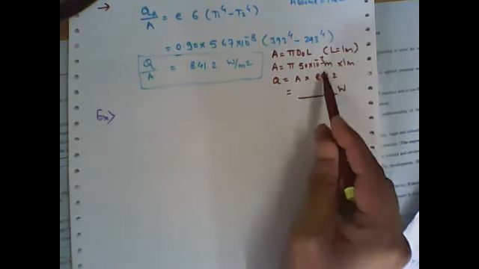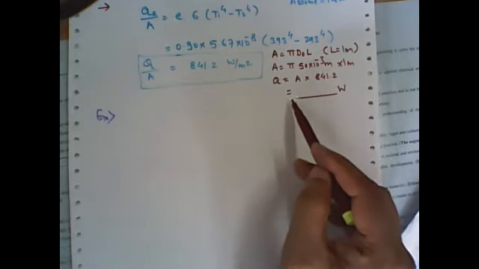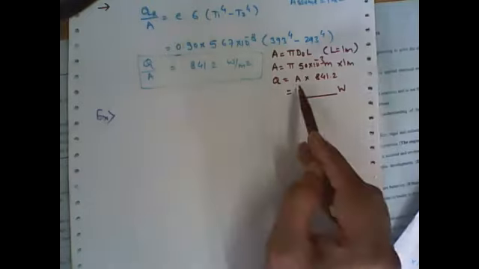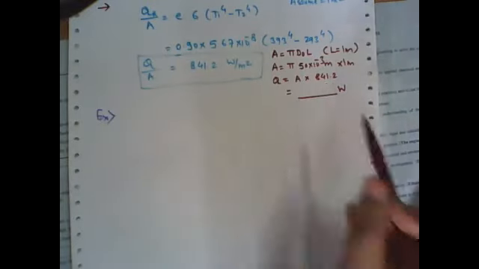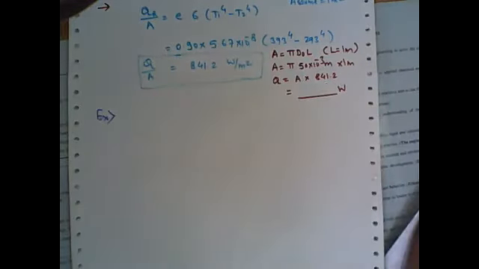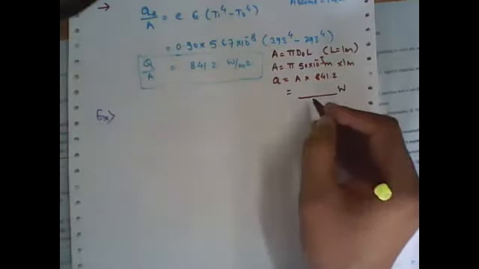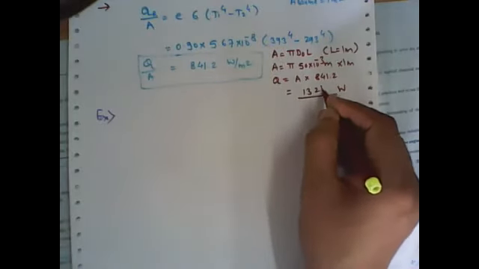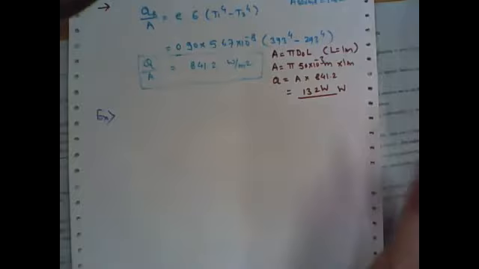Q can be calculated as this area into 841.2, which comes around 132 watt.